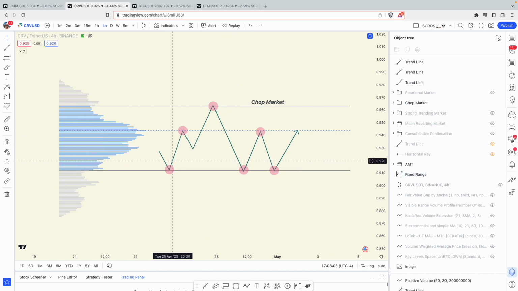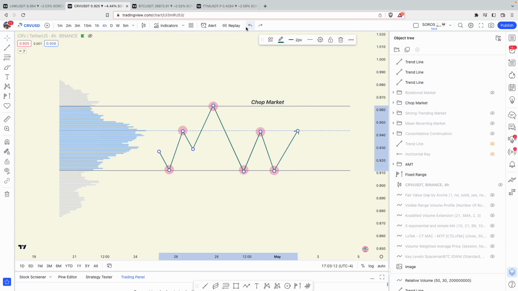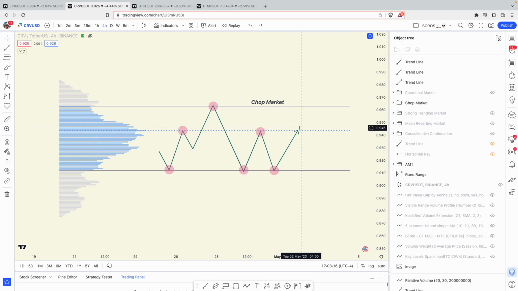And in this case, you could see it just rotates between each pivot point until eventually you get acceptance and you get a successful auction where buyers will outweigh the sellers and then push the price in whatever direction they see value in, or a trending market. So that's your chop market.